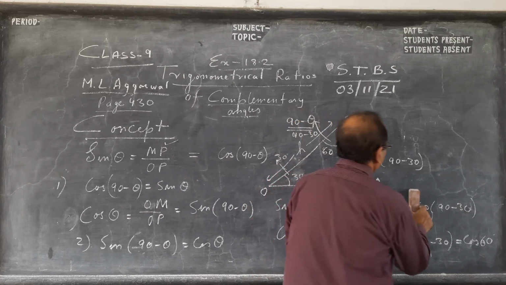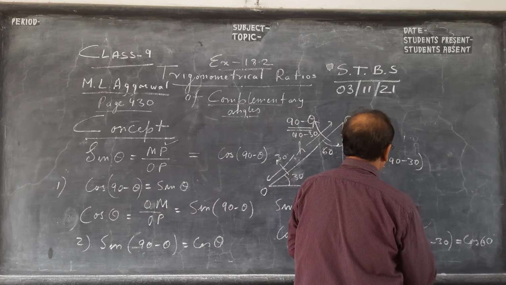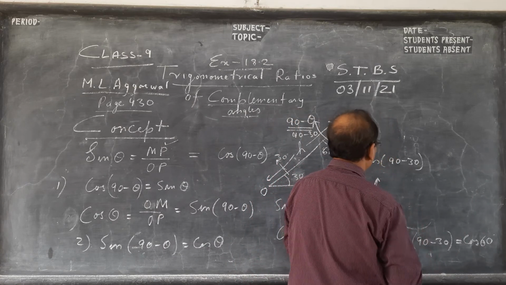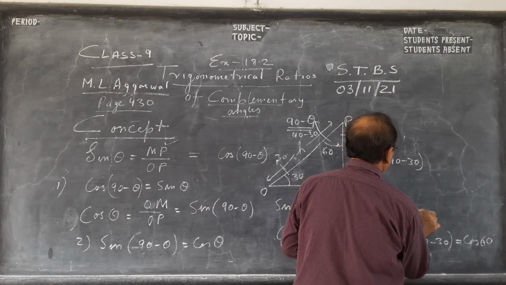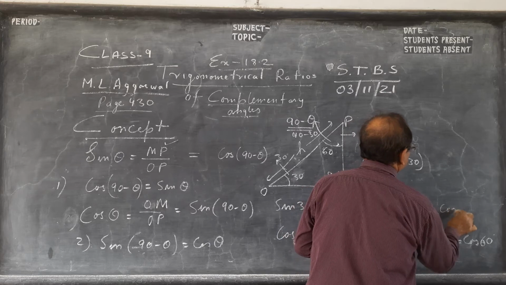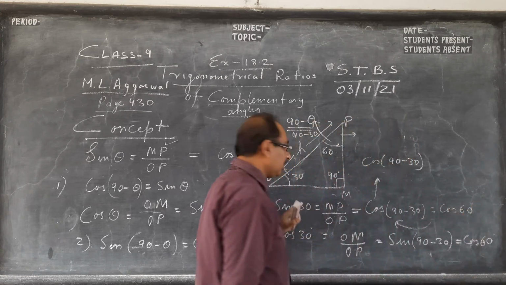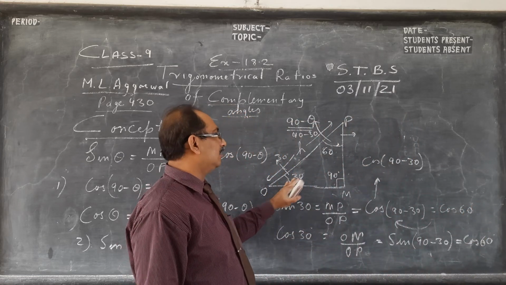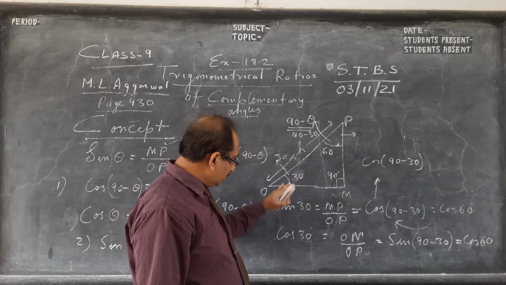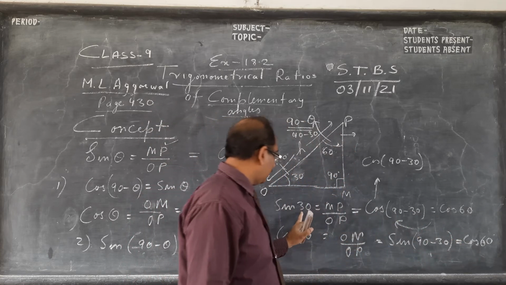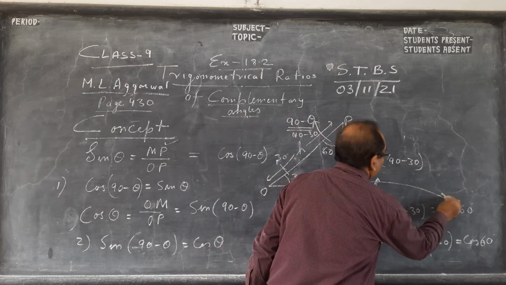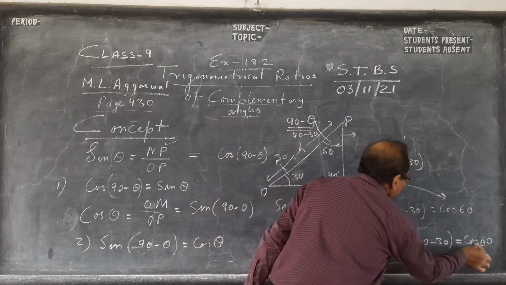If you follow ICSE, you should write cos of 90 minus 30 is cos 60. Means directly we understand sine 30 is cos 60, and cos 30 is sine 60, because these two should be complementary. 30 and 60 give you 90.